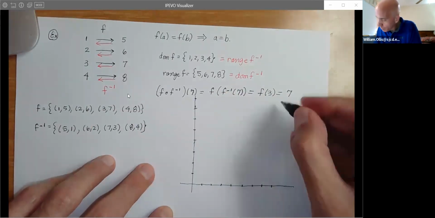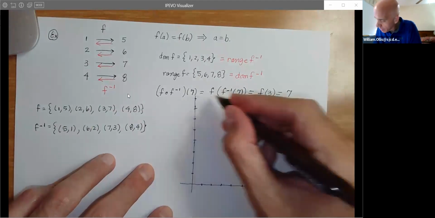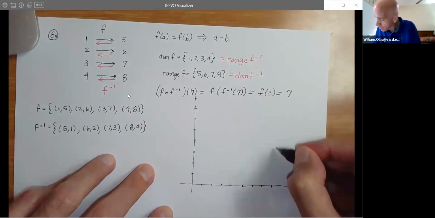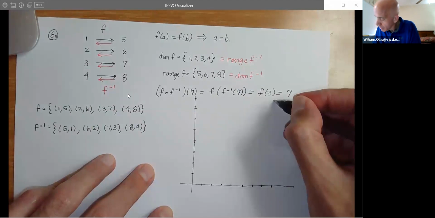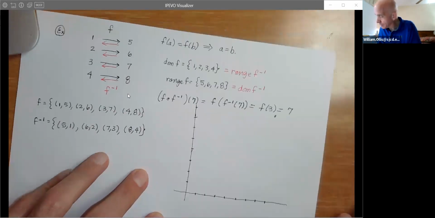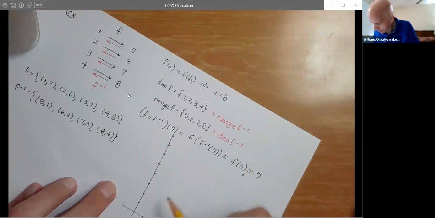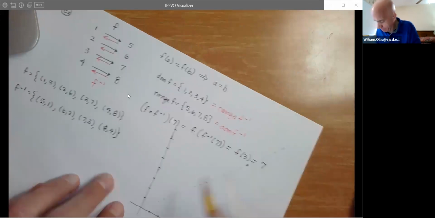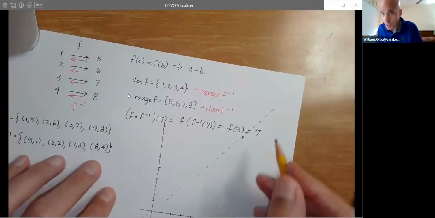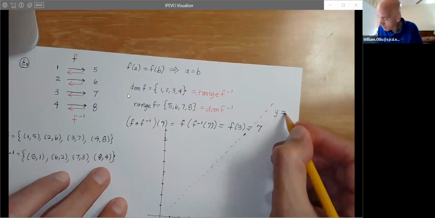So now, if you will, let's go ahead and kind of eyeball this to get the y equal x line. So this is y equal x.